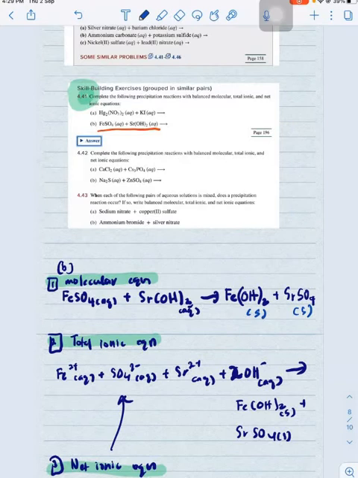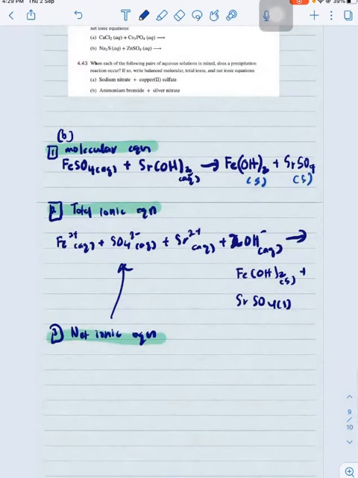Jadi maknanya kalau dalam case ni, if I ask you, what are the spectator ions? No, madam. Okay, so untuk contoh yang macam ni, kita tak ada spectator ion. Kalau tadi semua spectator ion, but in this case, there is no spectator ion. Maknanya kita punya net ionic equation dalam case ni adalah sama dengan total ionic equation.